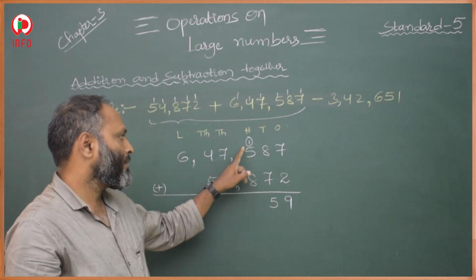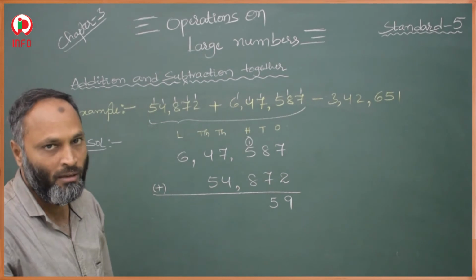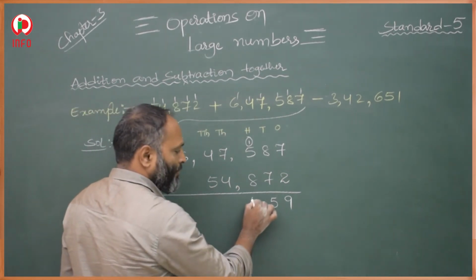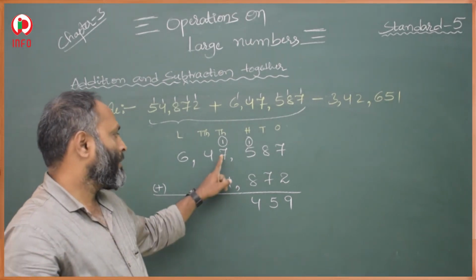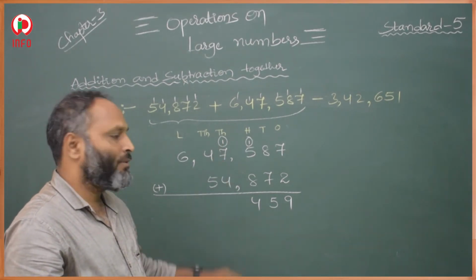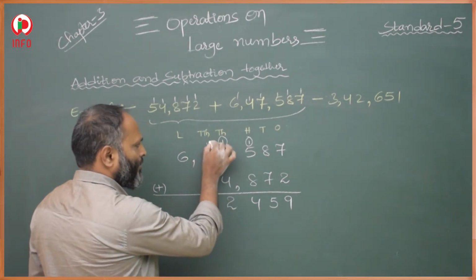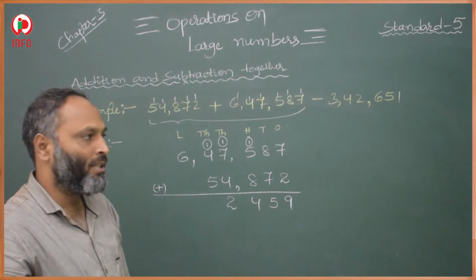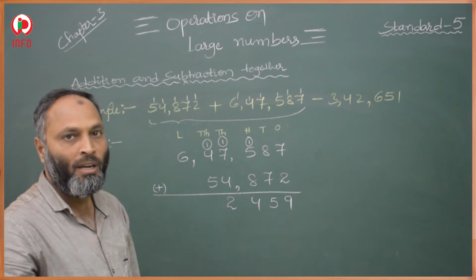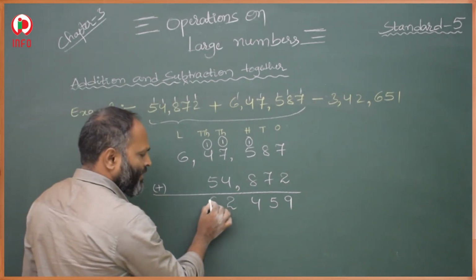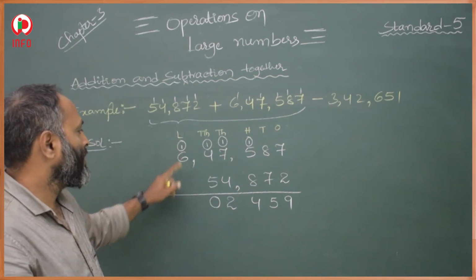Now 5 plus 1 is 6. 6 plus 8 is 14, a double digit number, so 4 here and 1 carried. 7 plus 1 is 8. 8 plus 4 is 12, a double digit number, so 2 here and 1 kept on top of the ten thousands place. Then 4 plus 1 is 5. 5 plus 5 is 10, also a double digit number, so 0 here and 1 carried. 6 plus 1 is 7.